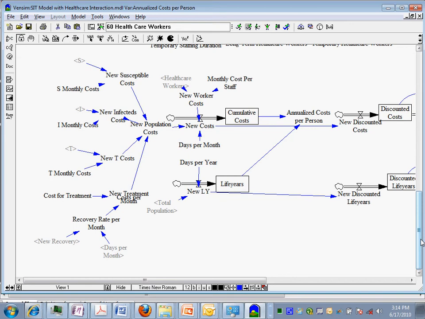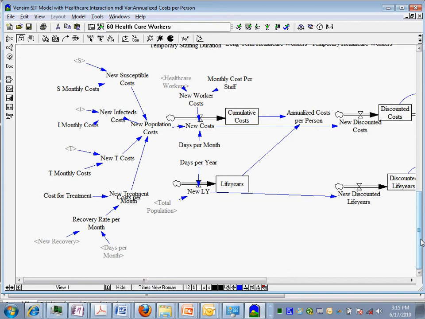Okay, so these are costs we're imposing for people who are in a given stock. Someone's in the susceptible stock, and there's a certain cost per month associated with being in that stock, right? And that's how we're getting it. We may have other costs that we want to associate with flows.